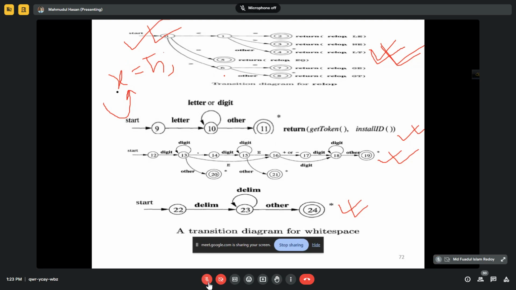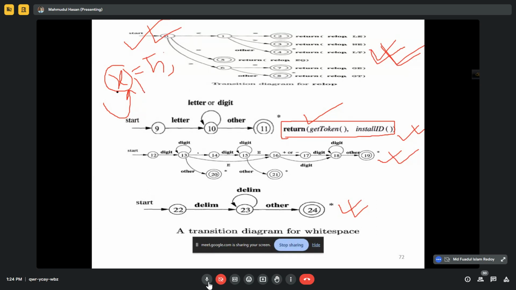No. Then is this one? Yes, sir. That means this is a valid lexeme, and it returns the token, that is the identifier token. Okay, got it?